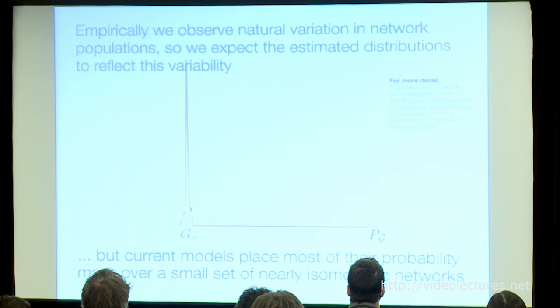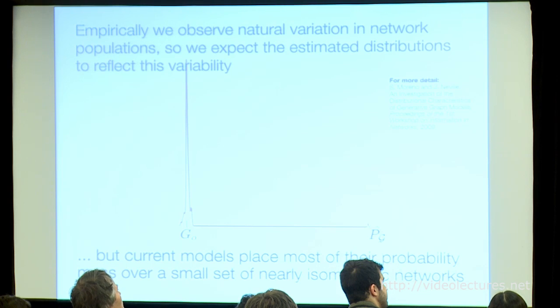And the reason for this mismatch between what the models we use, and I should say these are lots of different kinds of models: exponential random graph models, Chung-Lu models, Kronecker models, stochastic block models, I could go on and on.